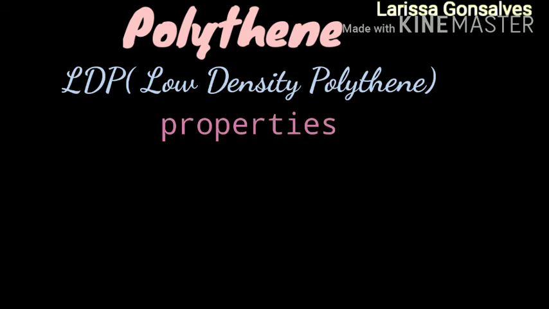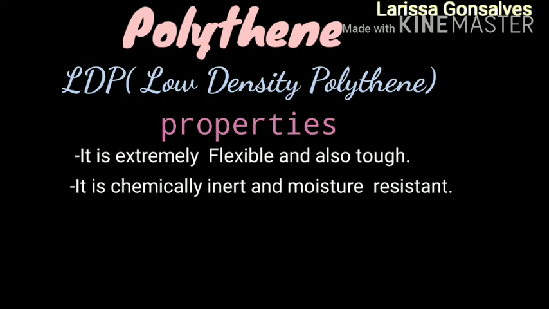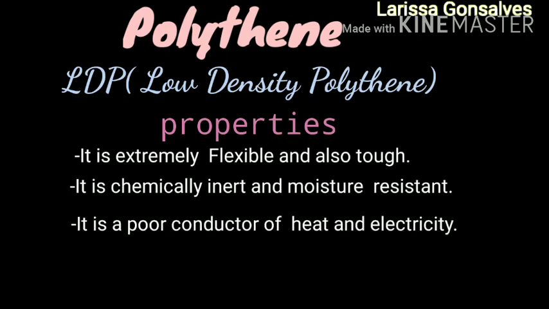What are the properties of low density polyethylene? It is extremely flexible but tough at the same time. It is chemically inert and moisture resistant. Also, it is a poor conductor of heat and electricity and has a melting point of 110 degrees Celsius.